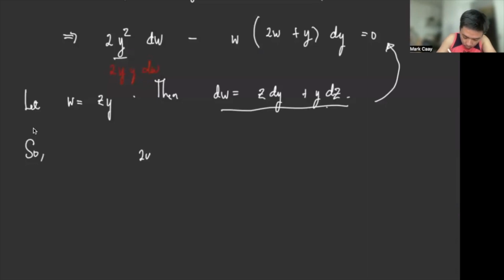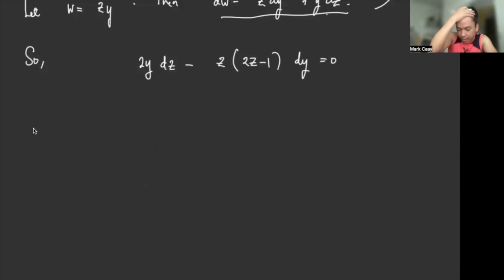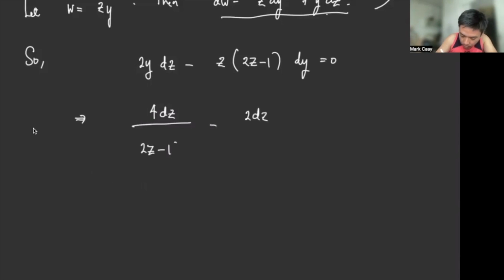So, this is actually 2y dz minus z times 2z minus 1 dy equals 0. And via another algebra, correct me if I'm wrong, you can double check this later. That's 4dz over 2z minus 1 minus 2dz over z minus dy over y is equal to 0.